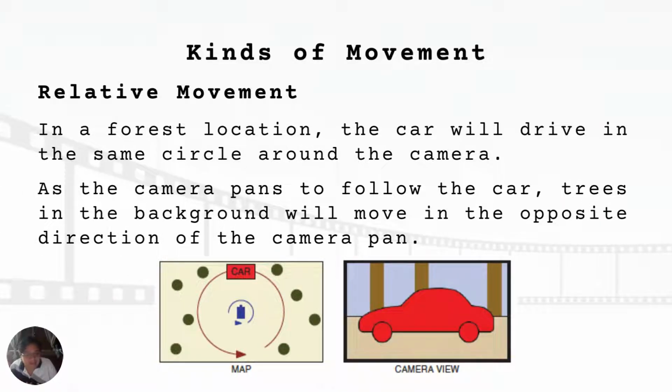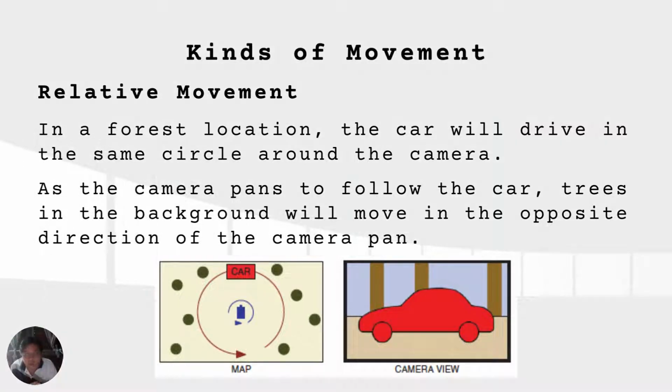As the camera pans to follow the car, the trees in the background, of course, will move in the opposite direction as the camera pans. Now, the tree movement will reveal that the car is moving, even though the car is not really moving in relation to the frame. Kasi it's just centered in the frame, but when you see the objects moving in the background, it suggests that there is movement.